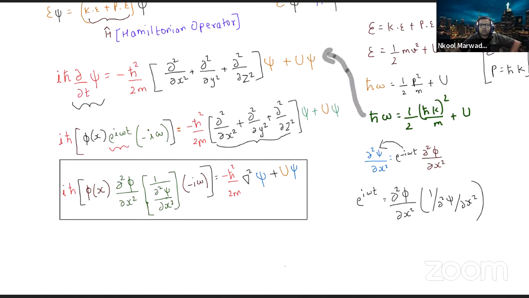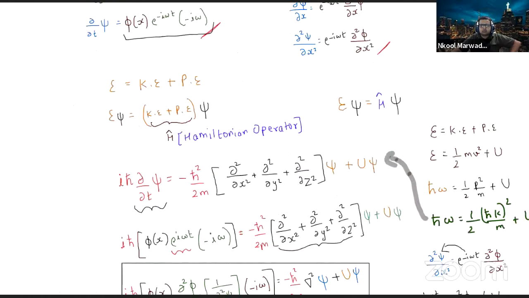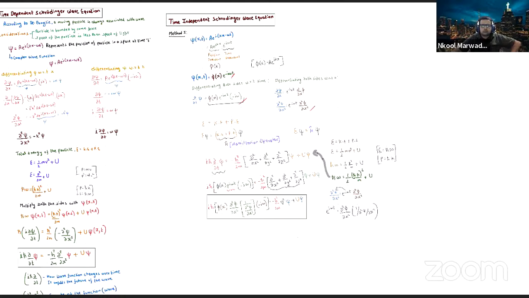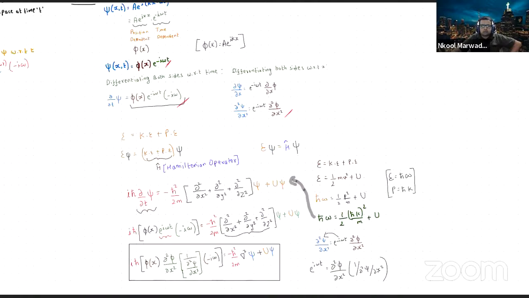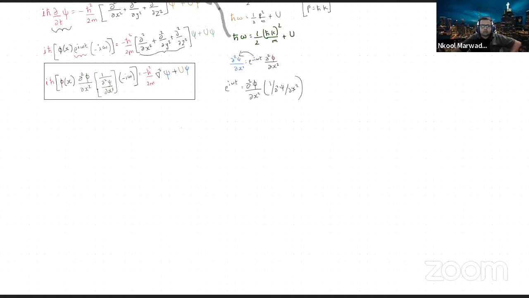So now we will discuss method number 2, method number 2 to derive the time independent Schrodinger wave equation.